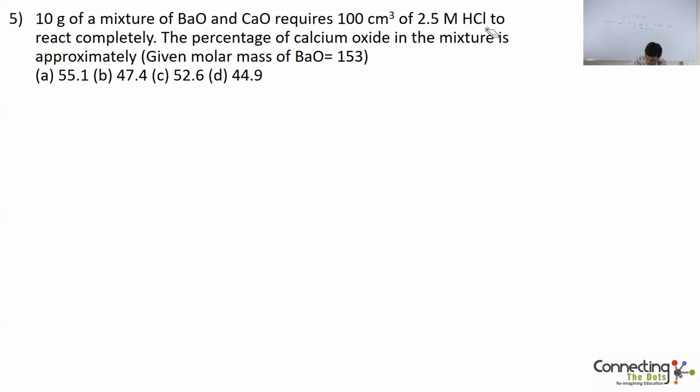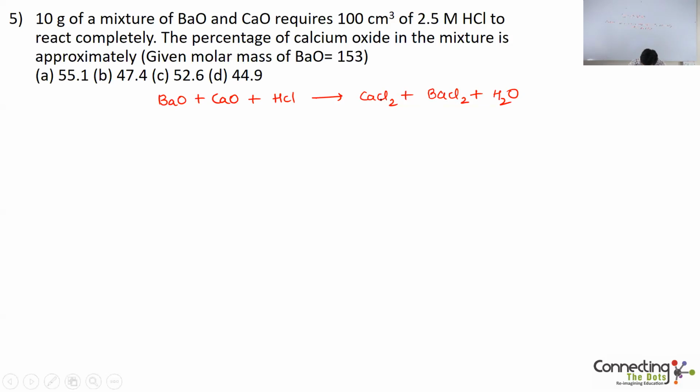So let us try to write an equation. Barium oxide plus calcium oxide plus HCl gives rise to salt and water. So it can be CaCl2 plus BaCl2 plus water. So you have to balance the equation.